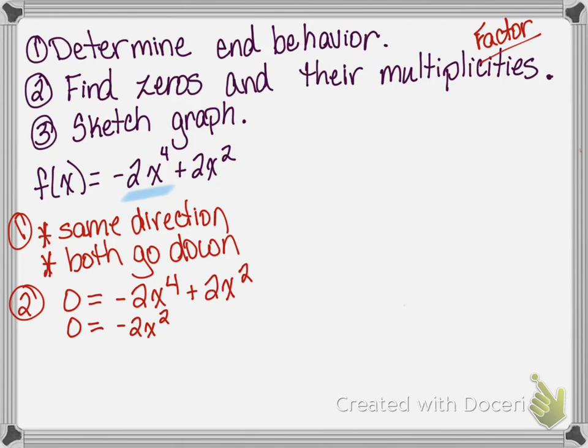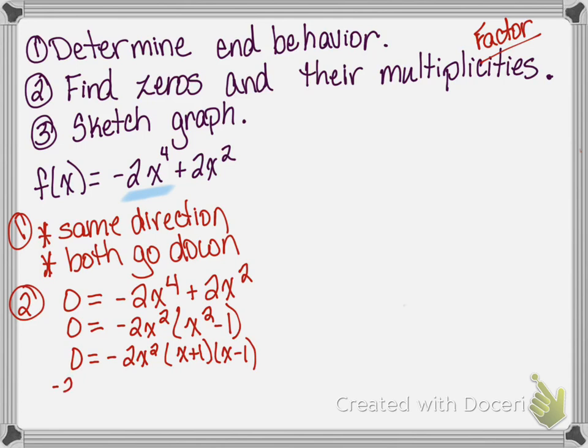That's my GCF, negative 2 and the x squared. Then I'm left with x squared minus 1. What is x squared minus 1? Good. It's the difference of perfect squares. X plus 1, x minus 1.